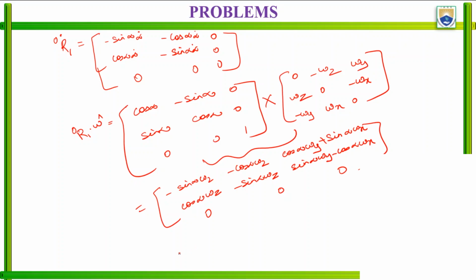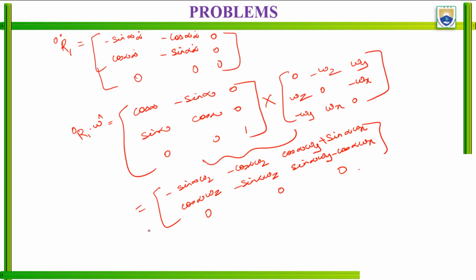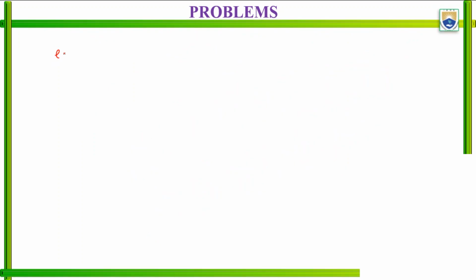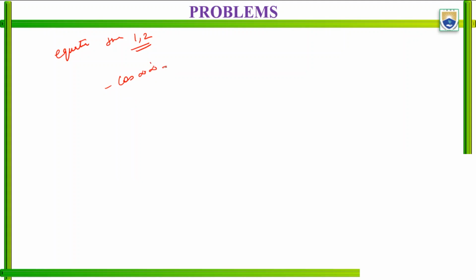Now what will the final equation become? Yes, when we are considering this, what will the final equation become? Equating equation 1 and 2, minus cos alpha alpha dot is equal to minus cos alpha omega z, where we get omega z is equal to alpha dot.